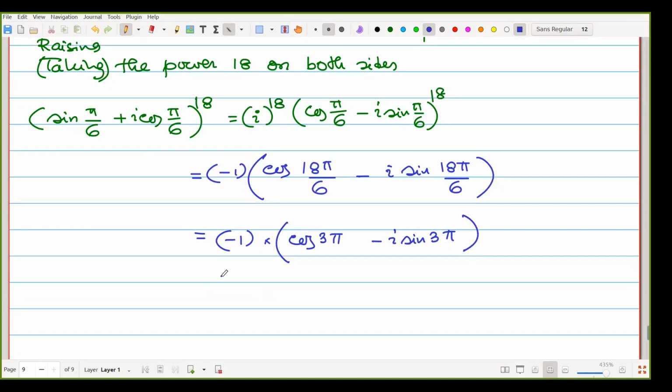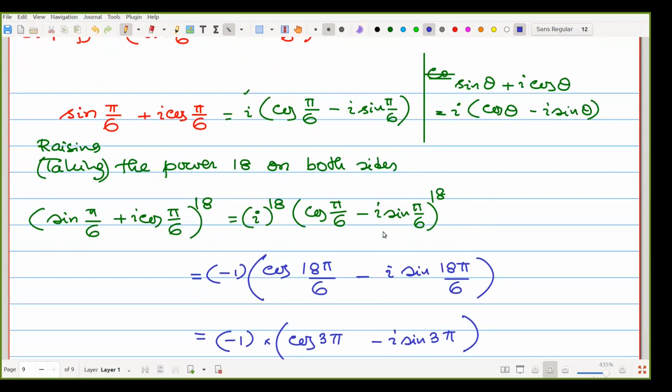Now the first one: minus 1 into cos 3 pi, cos 3 pi is minus 1, so that gives us 1. Minus i times sine 3 pi, and sine 3 pi means 0. So that gives us 1 plus 0i, or the value is 1.